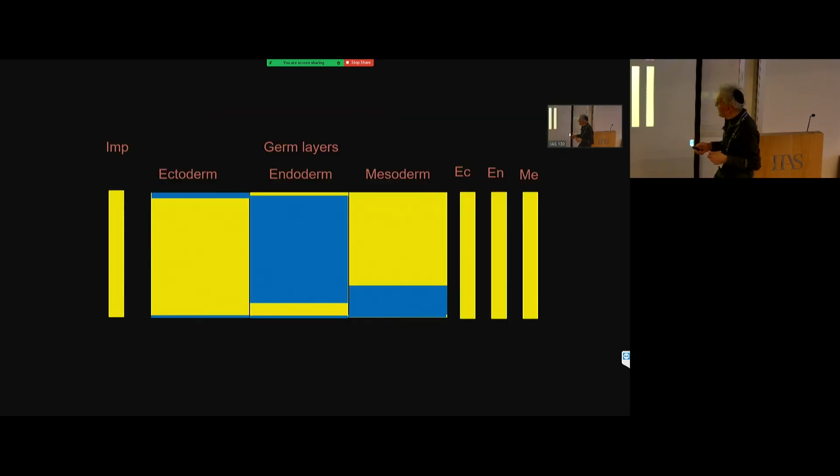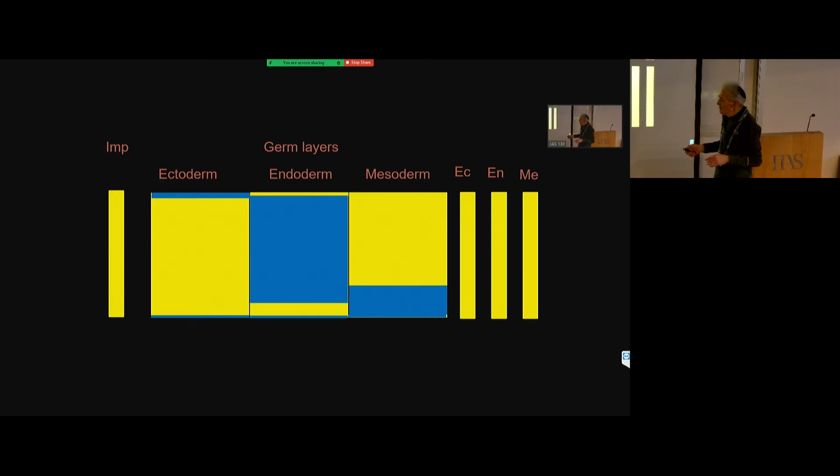Okay. So here's the first surprise. Now we took some of our data, some data from the literature, and we looked at what happens when you form the early germ layers. And this was done by isolating early ectoderm, endoderm, and mesoderm from 7.5-day embryos. We took this from a paper in Nature.